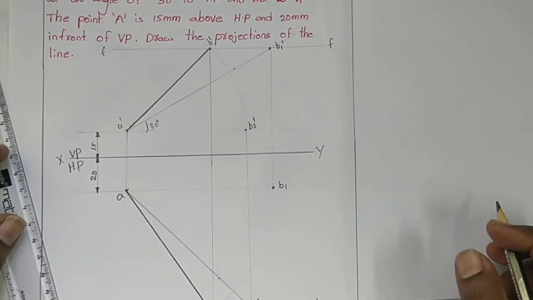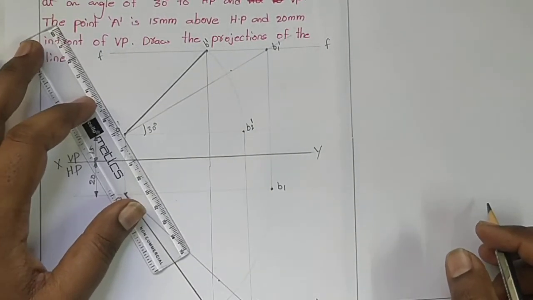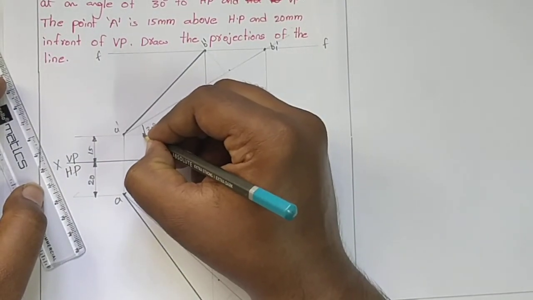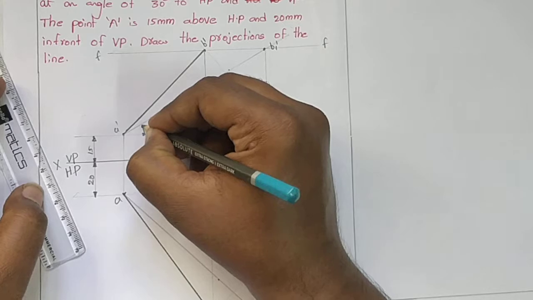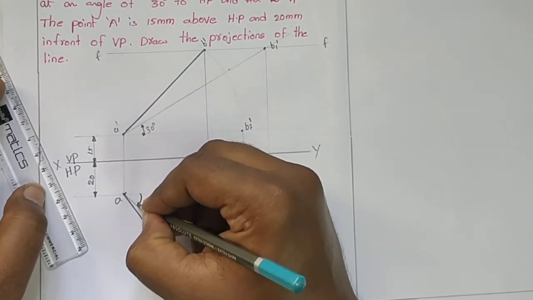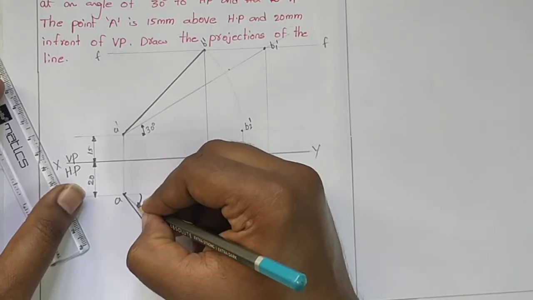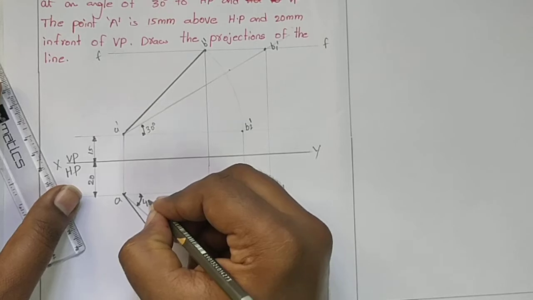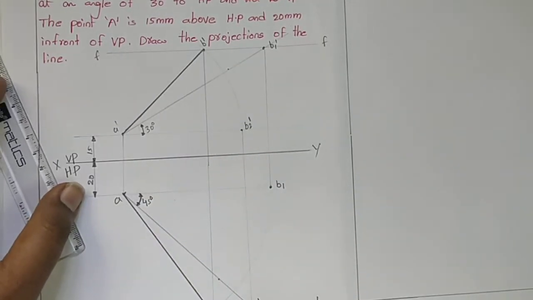Okay, next, it is 30 degrees inclined to HP, and this one is 45 degrees inclined to VP.